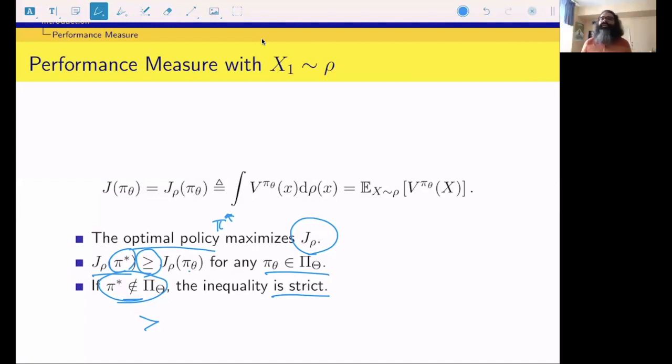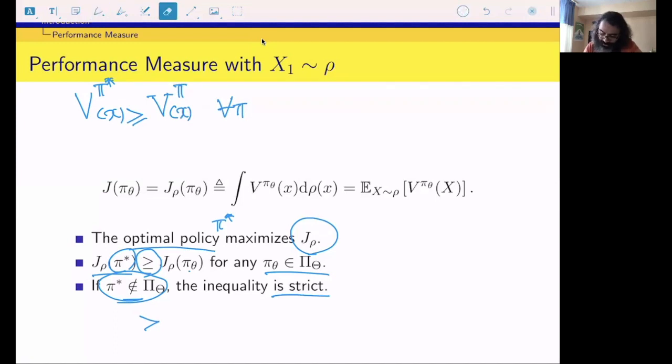There, we were thinking of finding a V pi star such that it would be greater or equal to V pi for all possible pi's, and for all possible states too.